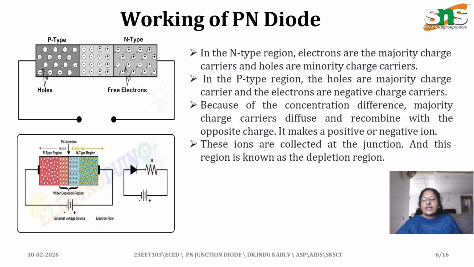Working of the PN junction diode. Unbiased: in equilibrium, the potential barrier prevents current flow. This potential barrier is called the depletion region. The N-type electrons move to the P-type and recombine in between to form the depletion region.